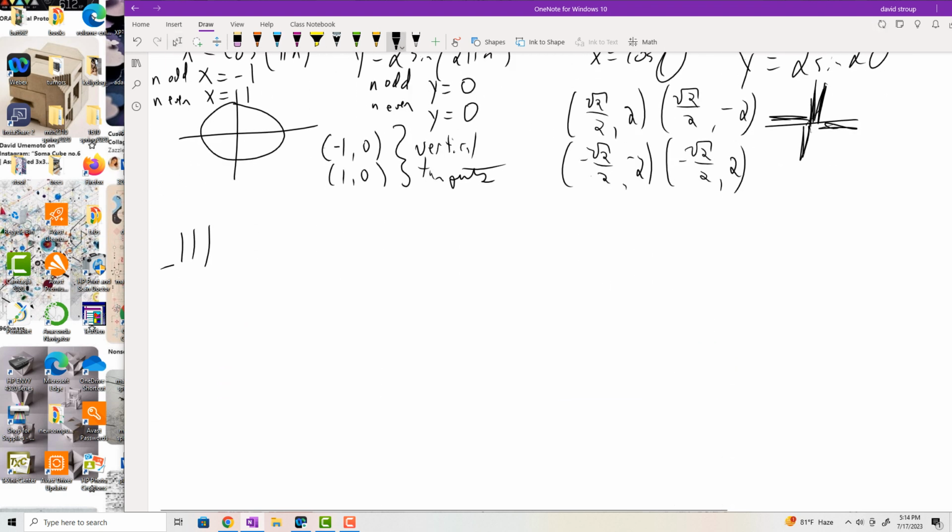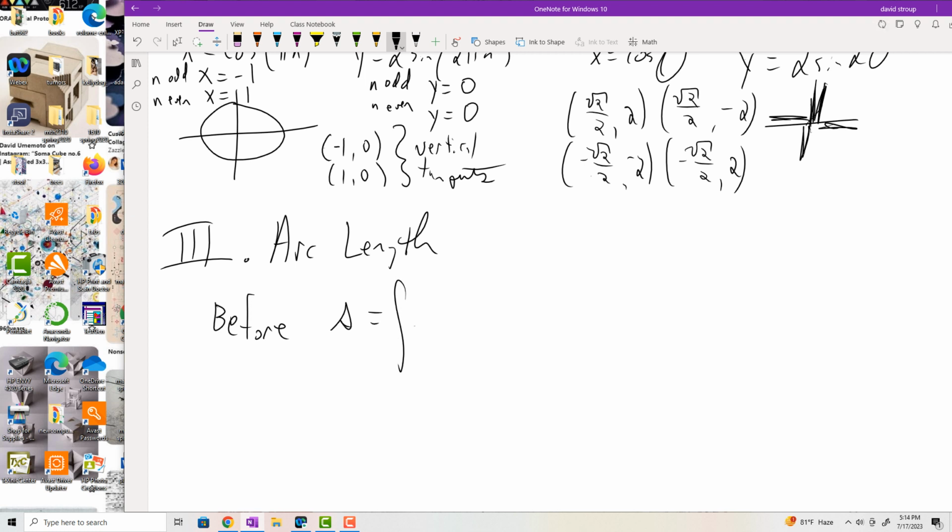But anyways, the last topic here then introduces integration. So we have arc length. We've seen the arc length formula before, and if you remember it, it has this kind of distance formula look to it. So it's a sum of a bunch of distances, and the way we got our hands on that was a matter of the distance formula plus the mean value theorem.